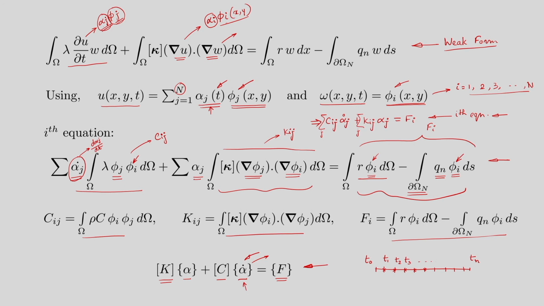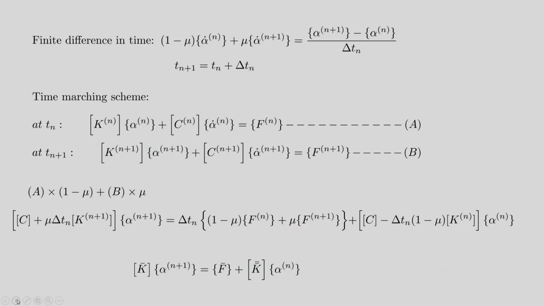So, now let us see how we can do that. In this case we will take help of the finite difference approach, okay. In the finite difference approach, we can write the time derivatives as the difference in values at certain time instances. Here I have written one such expression. As you see, 1 minus mu times alpha dot at n, okay. What does this mean? The superscript n here denotes alpha dot at time t equal to t n, as I said earlier.